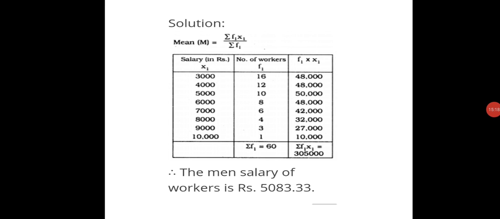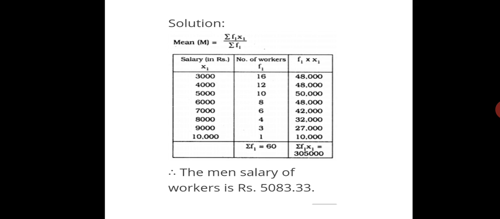To find out the mean of the given data, we are going to use the formula sigma fi xi by sigma fi. The salary in rupees we are going to consider as xi, the number of workers, that is frequency fi, and the multiplication of that is fi into xi, that gives you fi xi. So 3,000 into 16 gives you 48,000. 4,000 into 12 gives you 48,000.